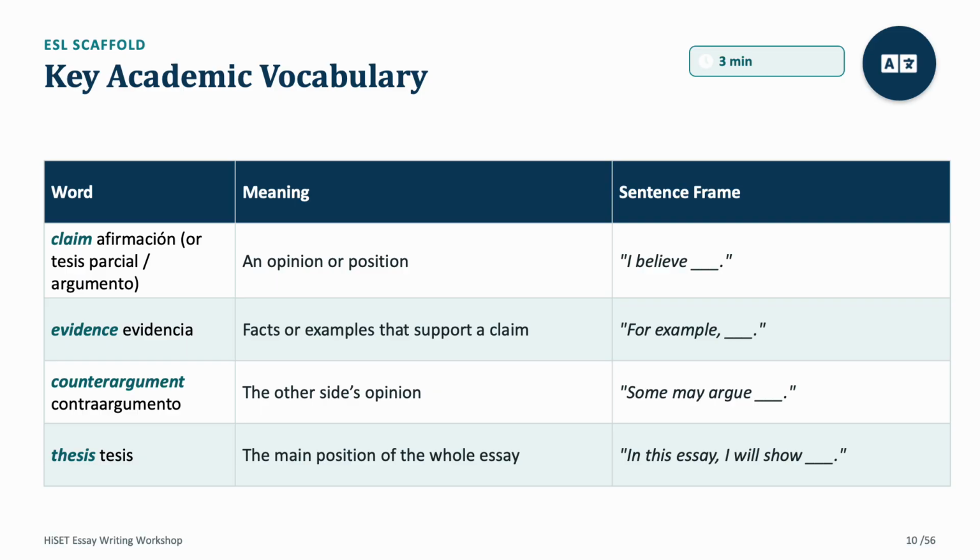For example, we could use a statistic, quotation, fact, or example. And a counter-argument is the other side's opinion. For example, some people believe professional clothing makes customers trust employees.